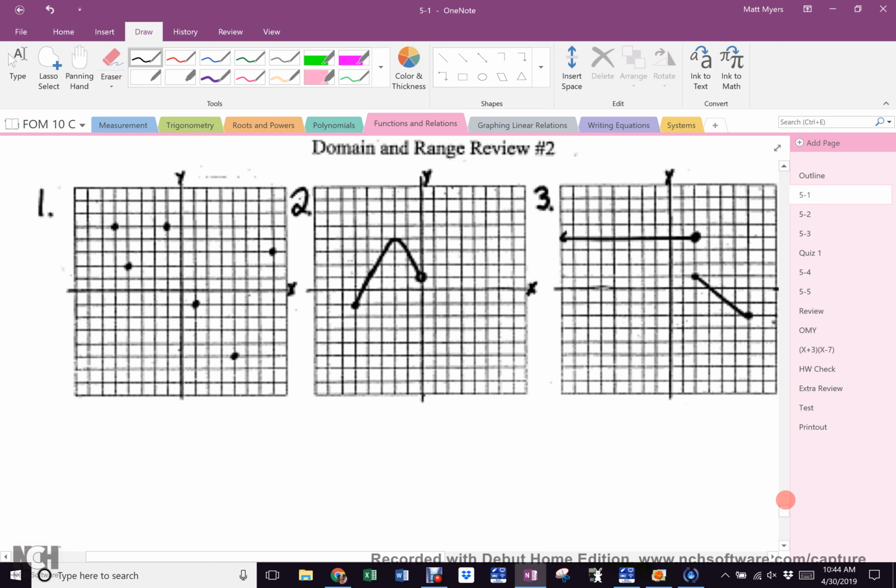Number 1, all closed dots. Number 2, this one on the y-axis is an open dot. Number 3, does that arrow show up in your printing or does it look like a dot? That's supposed to be an arrow.